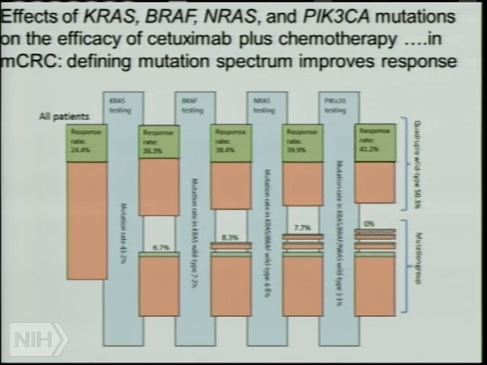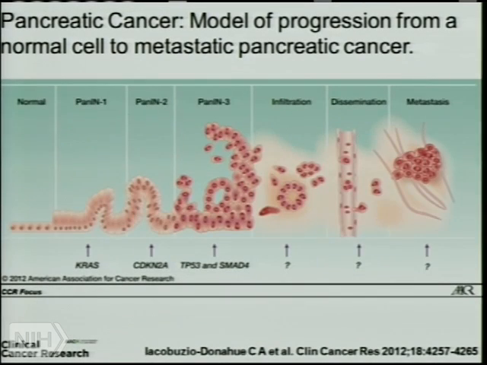And then remove the BRAF mutated disease, remove those with NRAS mutation, and remove PIK3CA mutation. And then, once you removed all the mutations, you end up with a 50% response rate. So you can double the response rate if you basically define your mutation spectrum in your cancer. So this is where the whole idea of personalized medicine really starts to be true. You should not get cetuximab if you have any of these mutations.